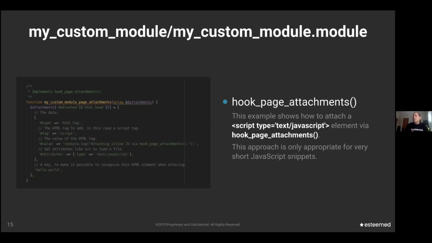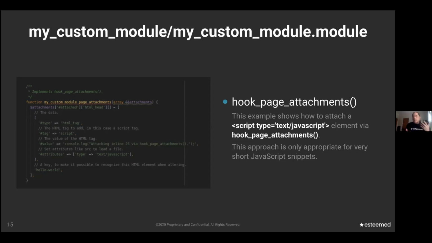This is only appropriate for very short JavaScript snippets like you see on the page here. It says function my_custom_module_page_attachments, and you pass it array &$attachments, and it says $attachments['#attached']['html_head'], the data, and that's a renderable array.